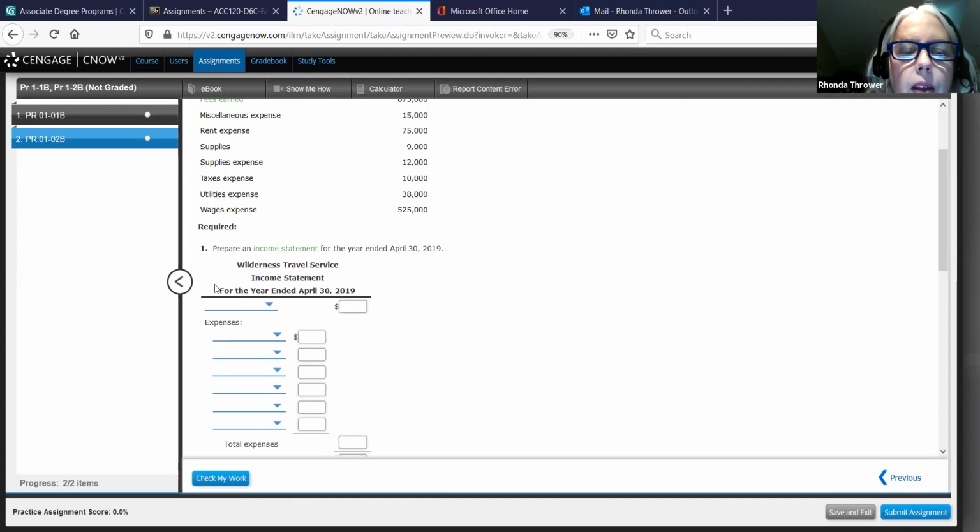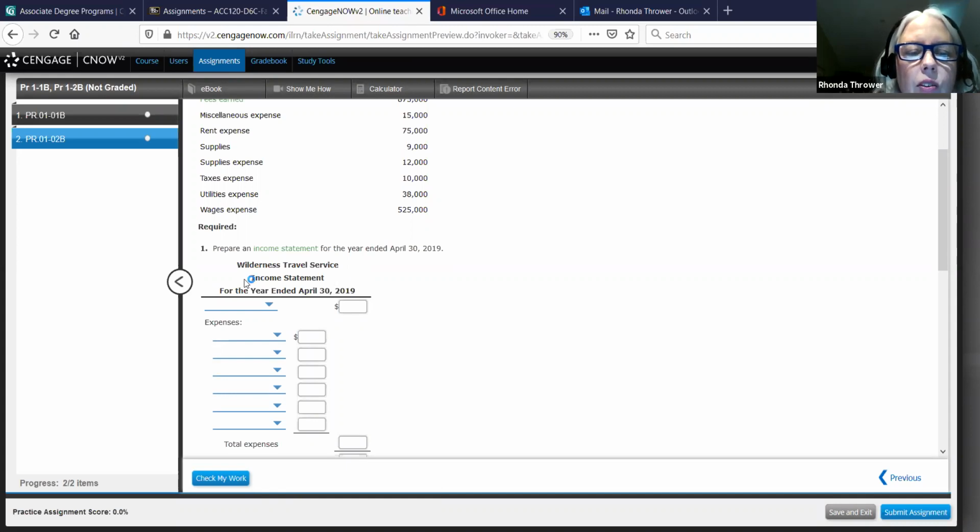This is an income statement that's prepared for a whole year. That year ended on April the 30th. So it would have most likely started in the previous year on May the 1st. So it would have gone from May the 1st to April 30th for a whole year's worth of information.